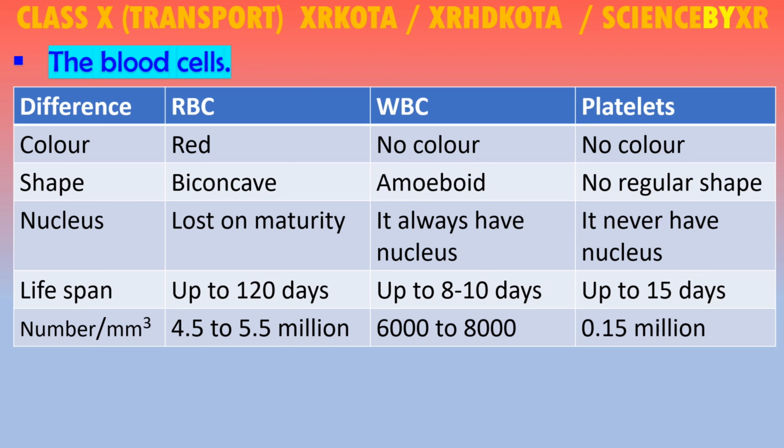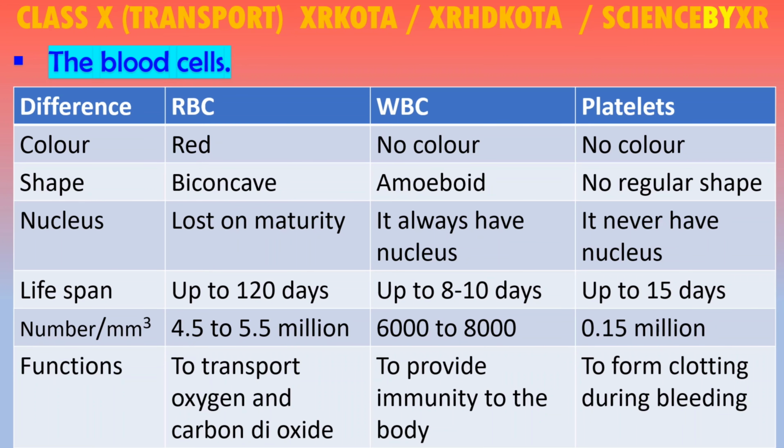It has around 4.5 to 5.5 million, that is 45 to 55 lakh RBC, around 6,000 to 8,000 WBC, and around 1.5 lakh platelets.